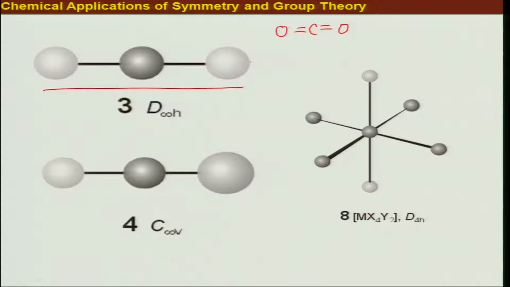One more feature is that I have a plane perpendicular to this principal axis, a sigma plane perpendicular to this C axis, where the C axis is C infinity. We discussed in one of our previous classes that infinite rotations are possible along this axis. So this molecule belongs to D infinity H.